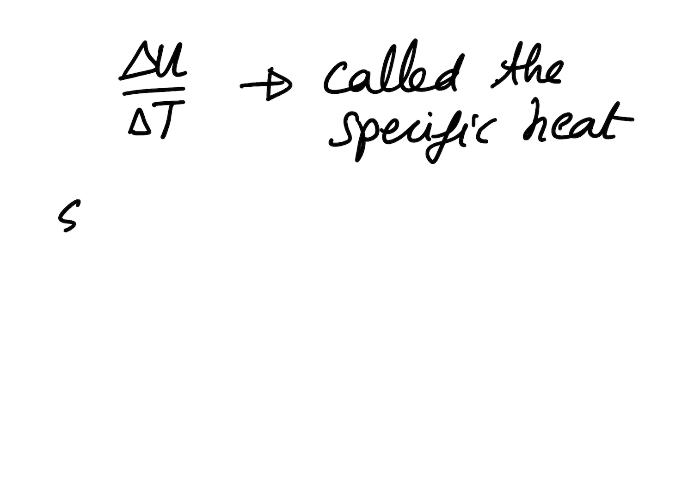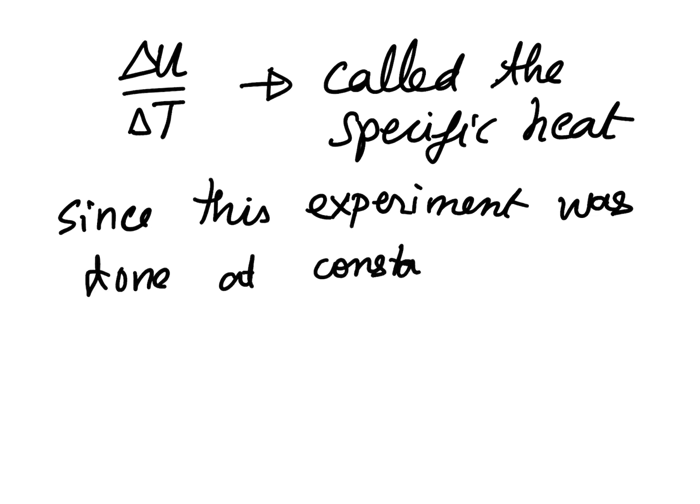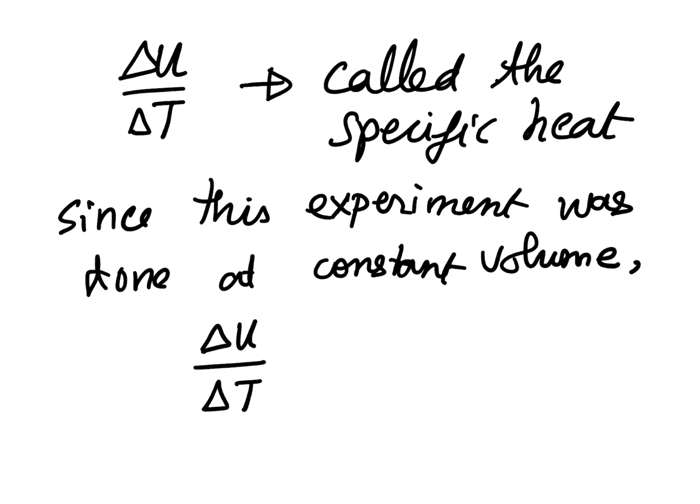Okay, and since this experiment was done at constant volume conditions, that is, the container was sealed, the liquid had no space to expand or contract, the change in internal energy divided by the change in temperature is called the specific heat at constant volume.